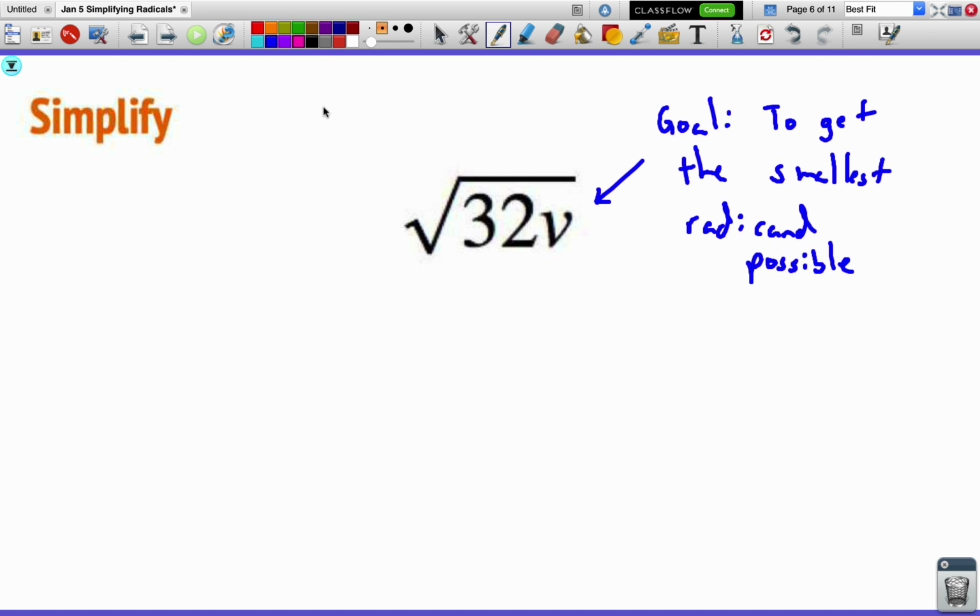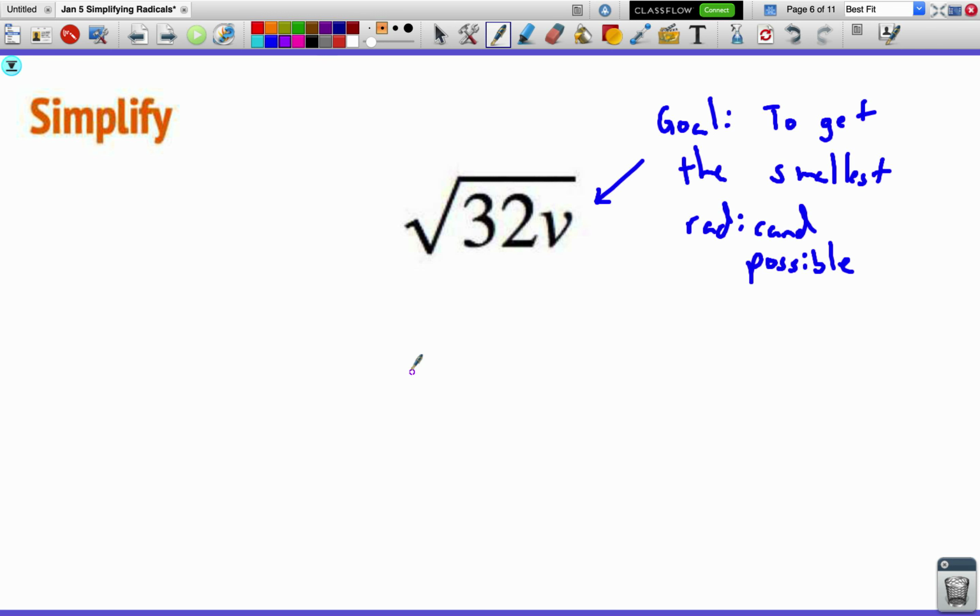If we can bring anything out from underneath the radical symbol and write it out in front, that counts as simplifying it, even though it might look a little bit more complicated. We don't really care if the overall expression looks more complicated, just the part underneath the radical symbol. Because if we were to actually compute this and we wanted a decimal value, the really difficult part is figuring out what number squared equals this quantity here.